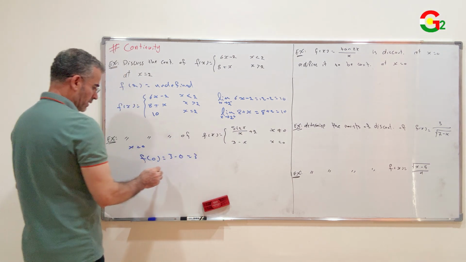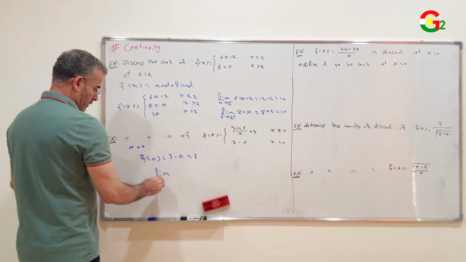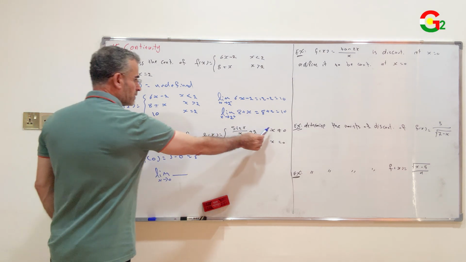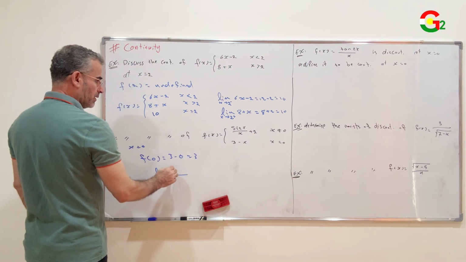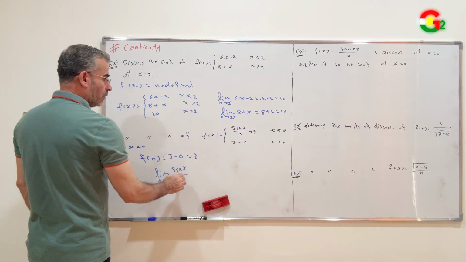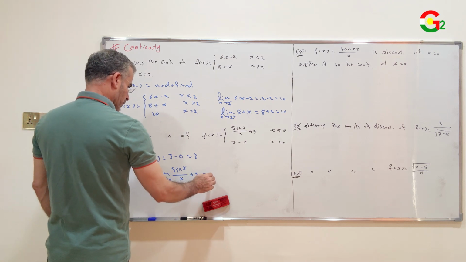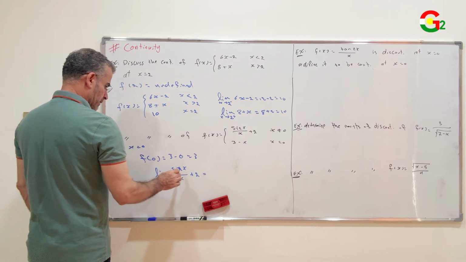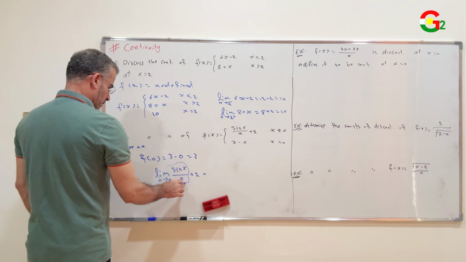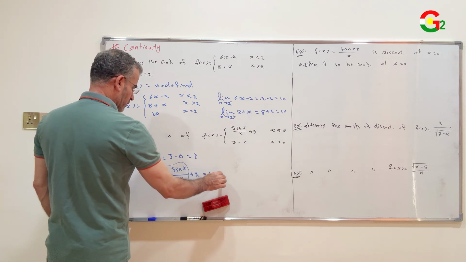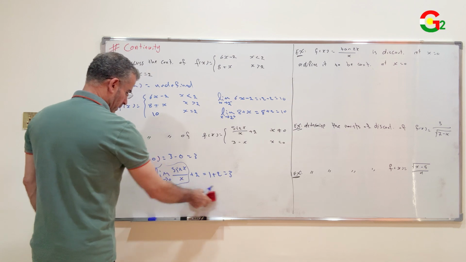equal to 3. Limit when x approaches 0 for this function, substitute in this segment sine x over x plus 2 equal to, since this limit is 1, then the answer is 1 plus 2 equal to 3.